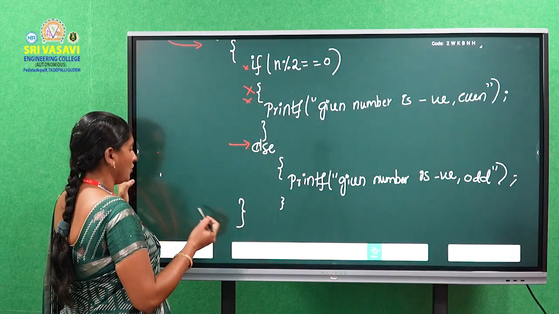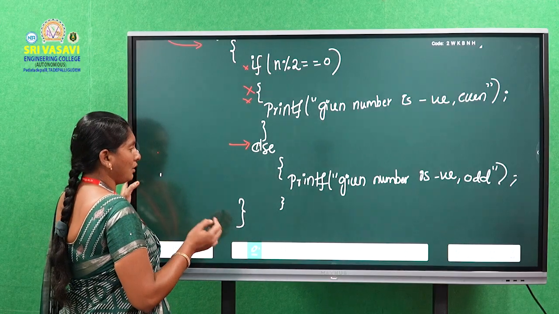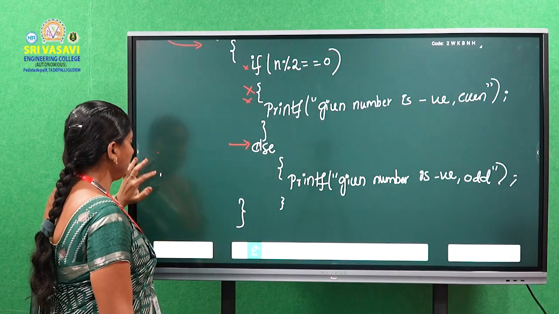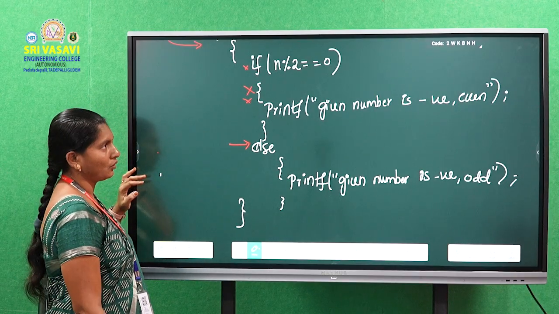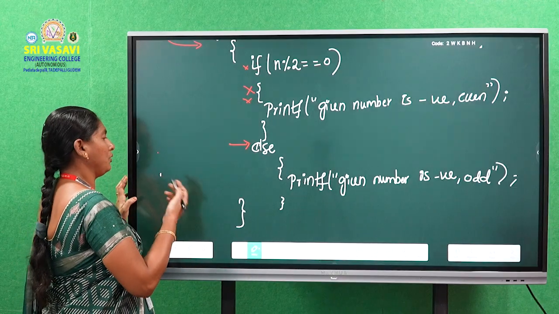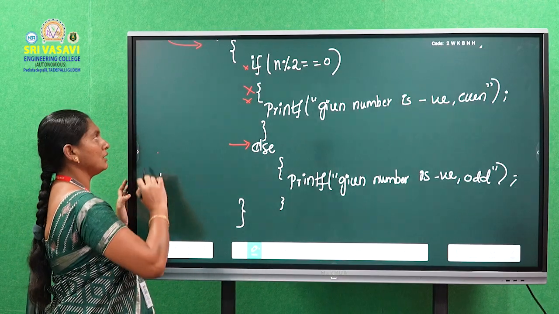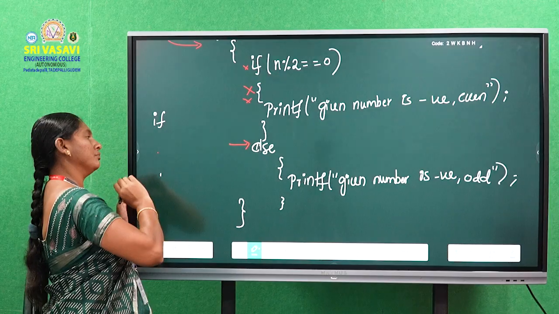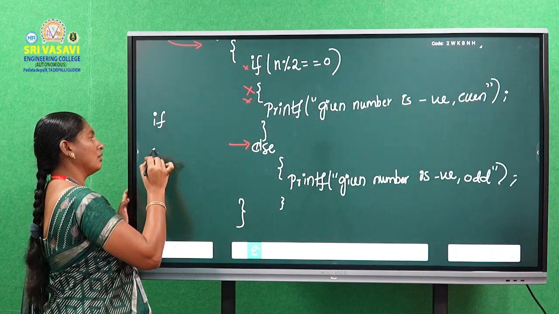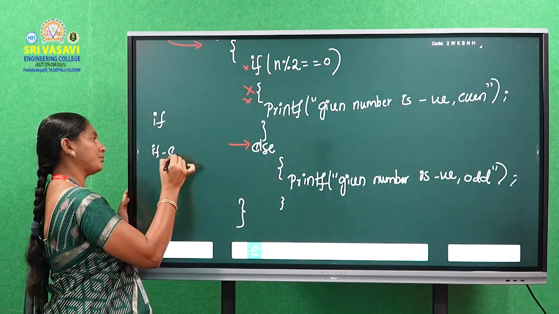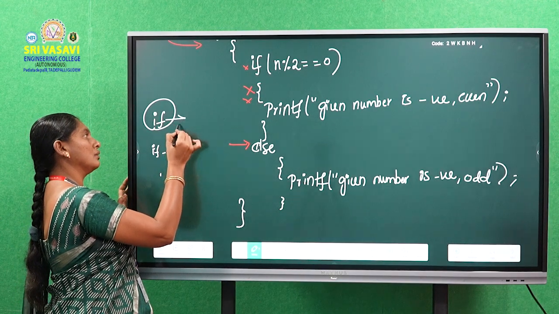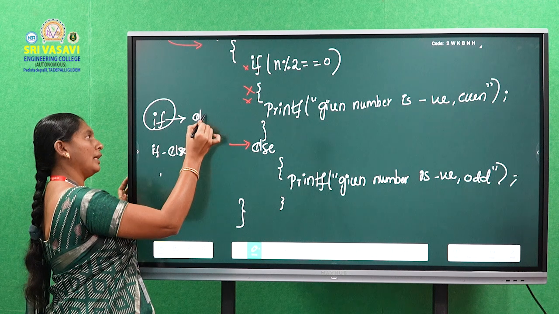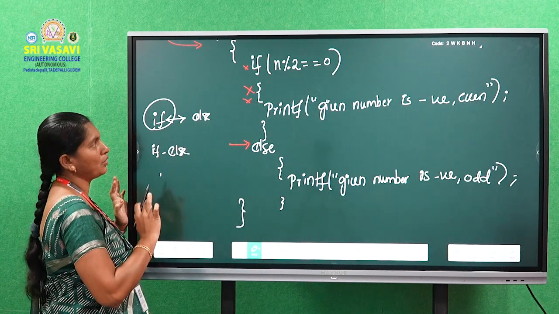So here you have to know one thing, that for each and every if there is no need to write an else statement, because our C language supports simple if and if else. Simple if means there is no need of else for this simple if concept.